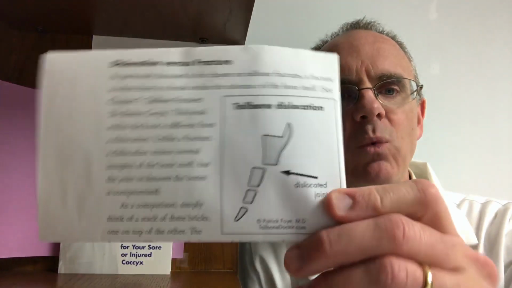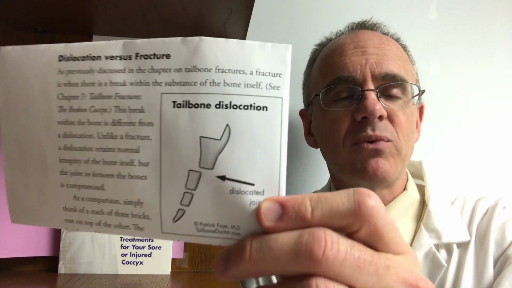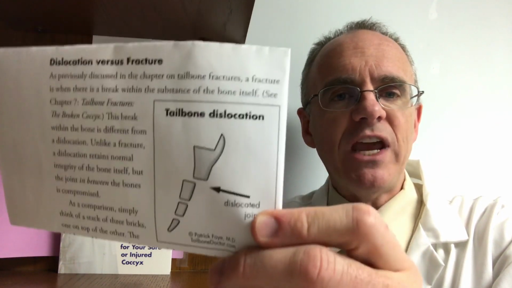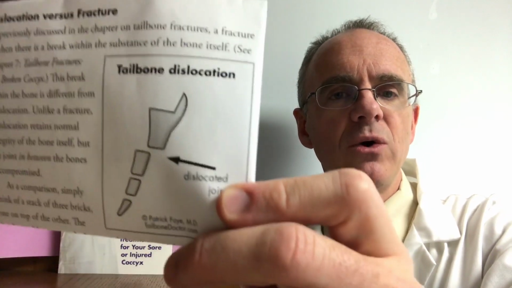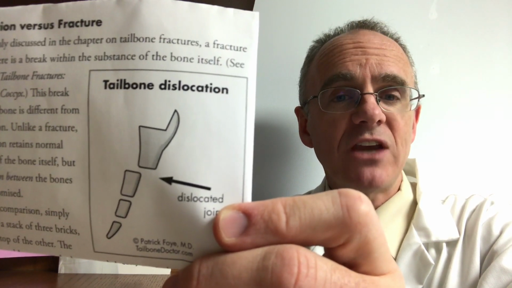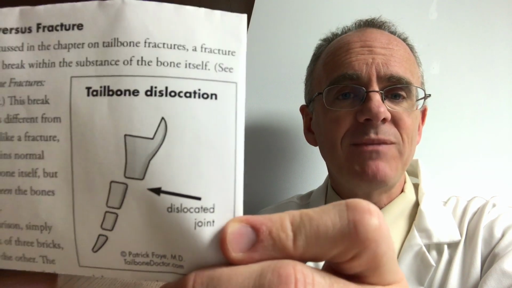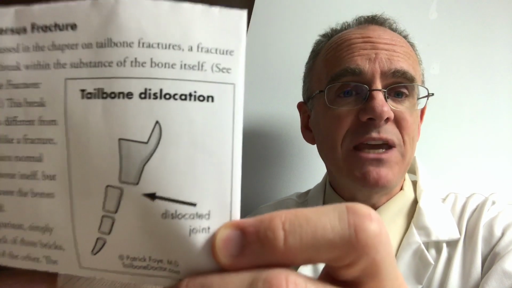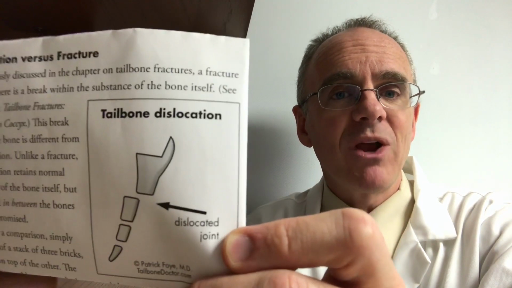So the idea about the dislocations is that you want to make an accurate diagnosis and you want to know exactly what joint is dislocating, so that if treatments are being provided in the form of injections or things of that nature, the physician should know where to target any such procedure or injection, or in severe cases, a small percentage of the time that need surgery, the surgeon needs to make sure that he or she has taken care of the area where you're actually having the dislocation.